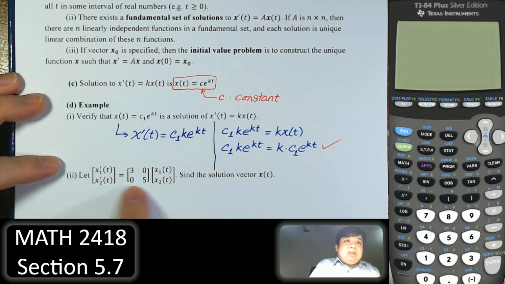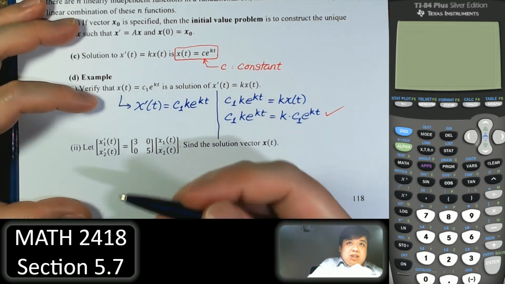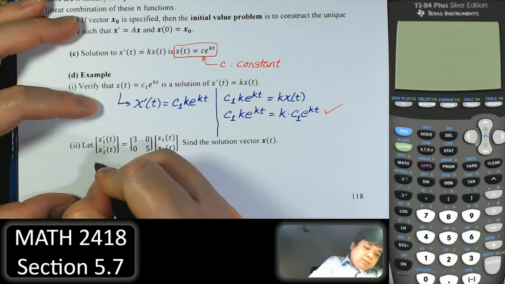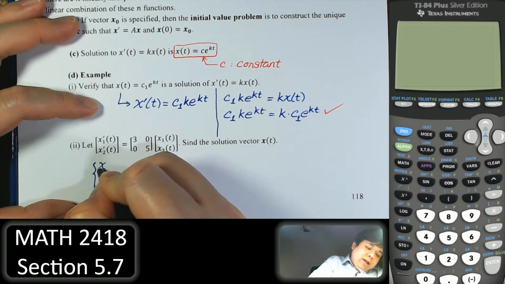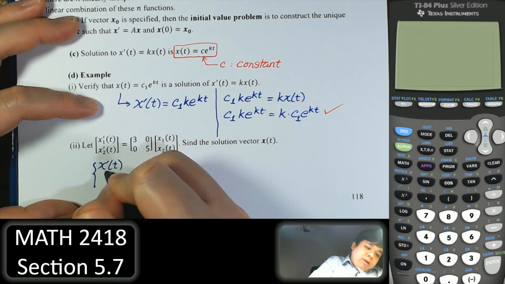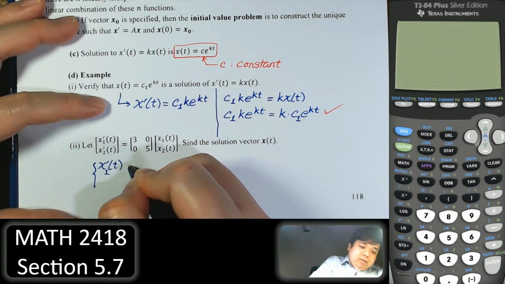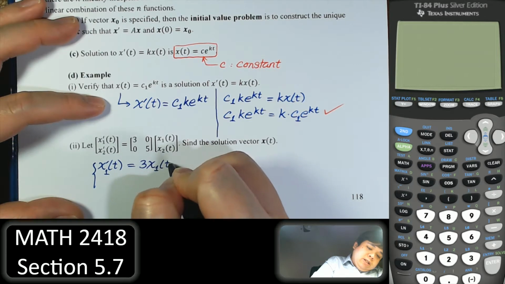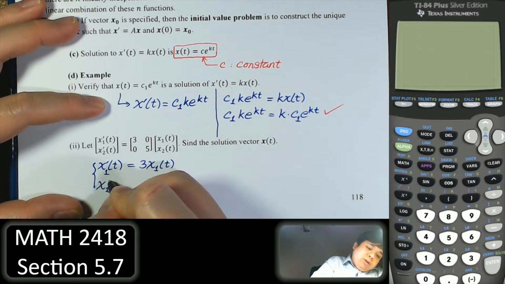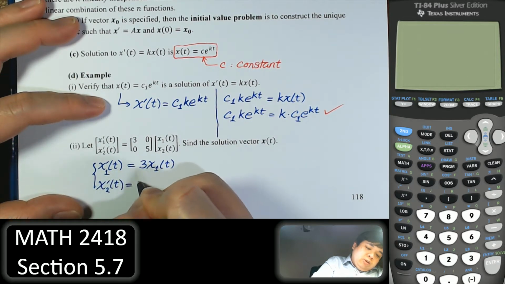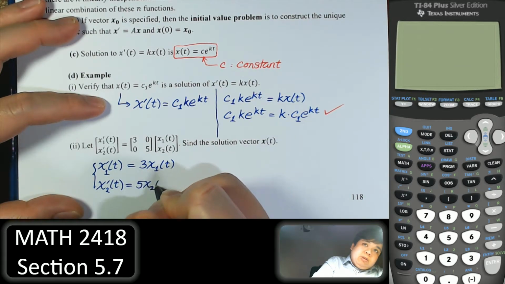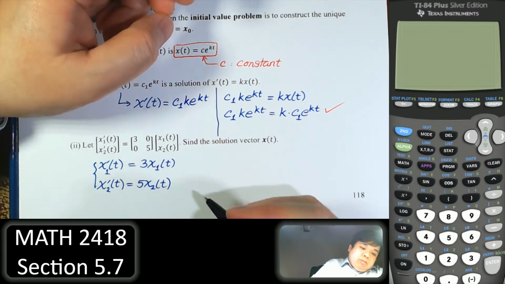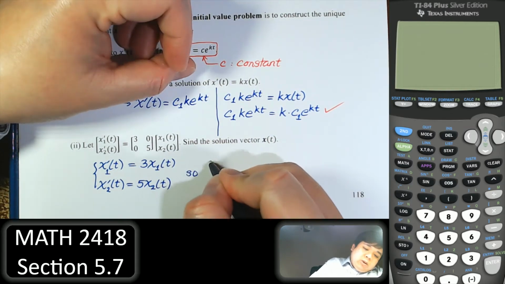Now when we have a system like this, of course this is a simple system, we just write x1 prime of t equal to 3 times x1 of t, and x2 prime of t equal to 5 x2 of t. We can solve the equations easily using that solution.